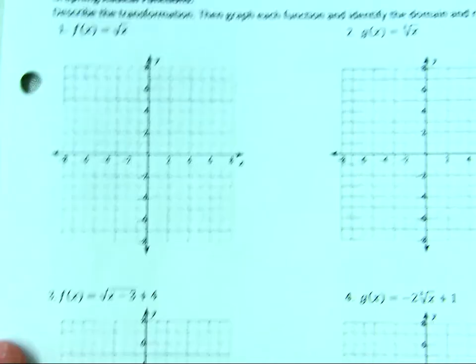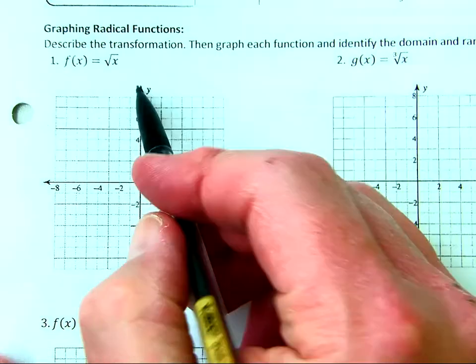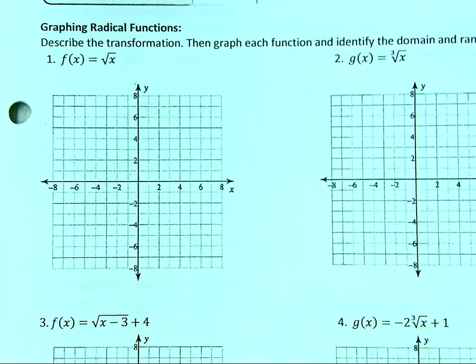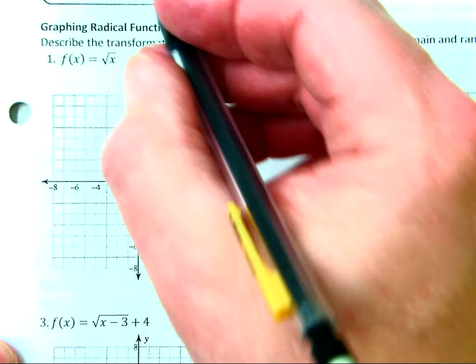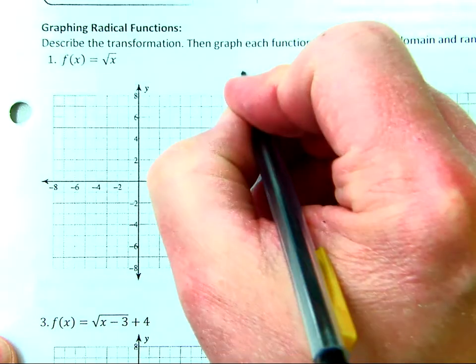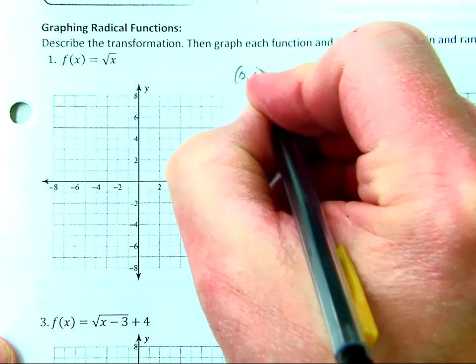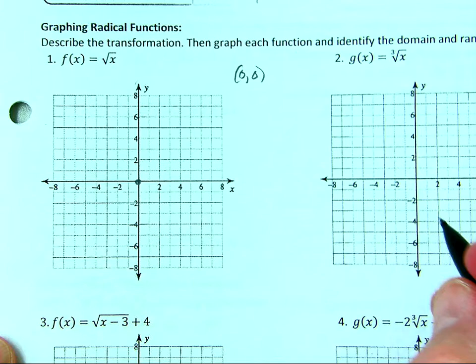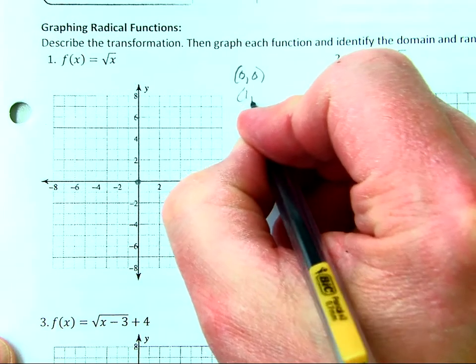Now, after you have the parent functions, let's go ahead and graph a couple of these. Like here, the square root of x, just to see why it looks like that. If we plug in some numbers for x, and since it's the square root, you want to plug in some numbers you know the square root of. Like if we use 0, well, the square root of 0 is 0. The square root of 1 is 1.